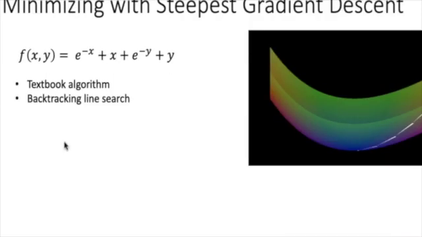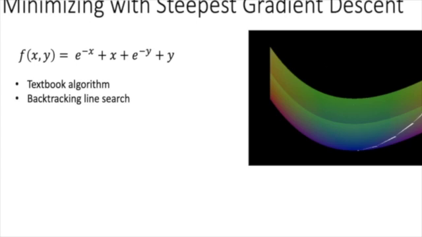This algorithm is step-based gradient descent. It's a textbook algorithm, what we learn in class, and it uses backtracking line search. You can see the step, and the function is this one. I visualize the function around the origin and the minimum.